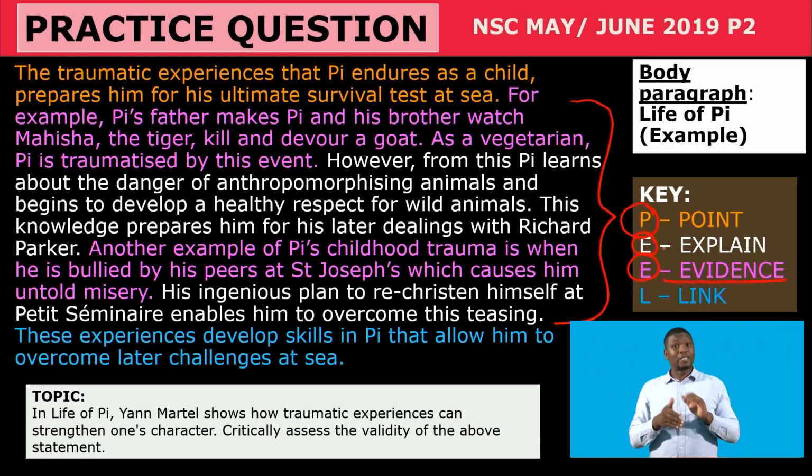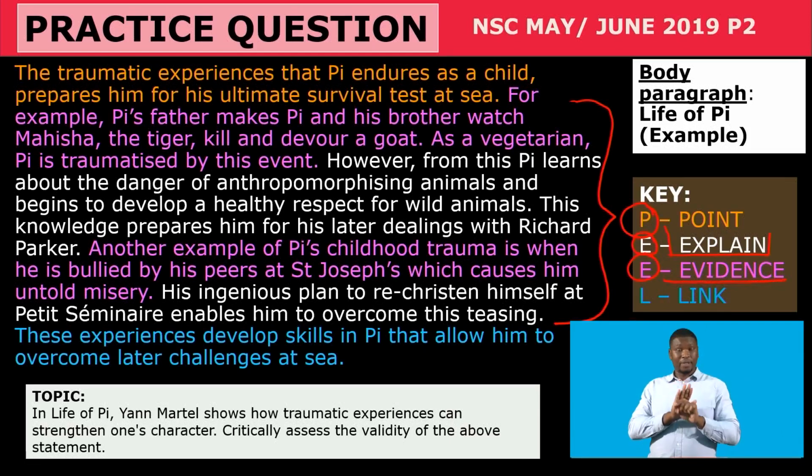However, now we're explaining the evidence a bit further and we are relating it to the point. From this, Pi learns about the danger of anthropomorphizing animals and begins to develop a healthy respect for wild animals. In your analysis of the novel, you should know what anthropomorphizing is. This knowledge prepares him for his later dealings with Richard Parker.